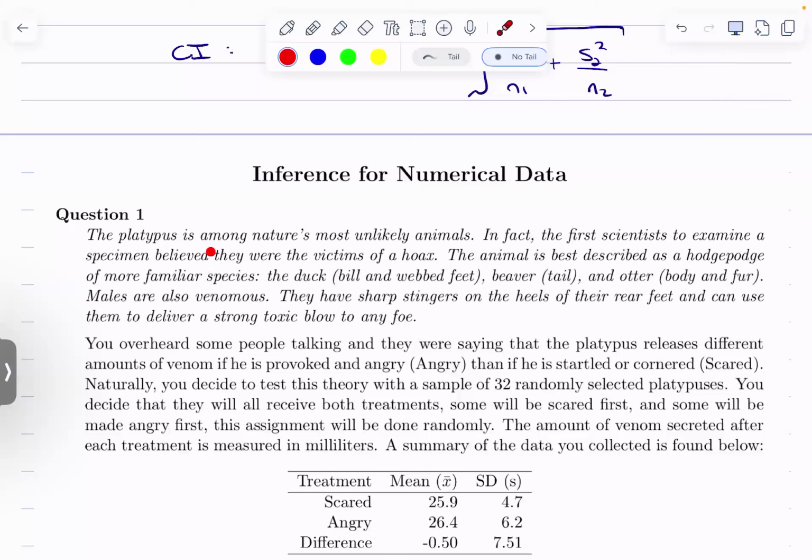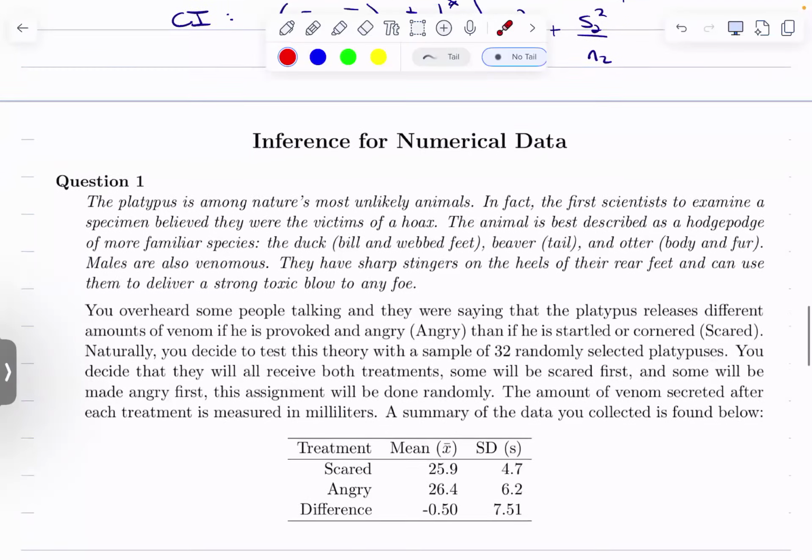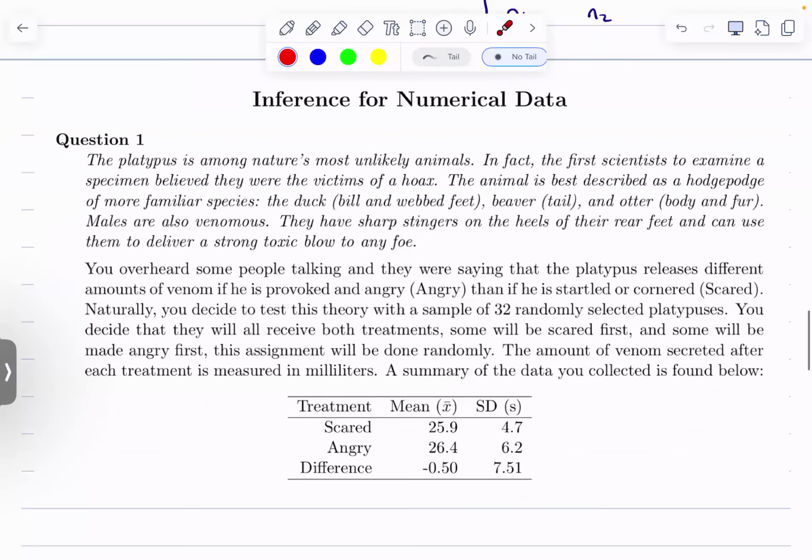Everything in italics are just fun facts about platypuses, which I did confirm is the plural of platypus. It's a group of platypuses, which is funny. I made this a long time ago, and at that point I confirmed, but maybe I'm wrong.